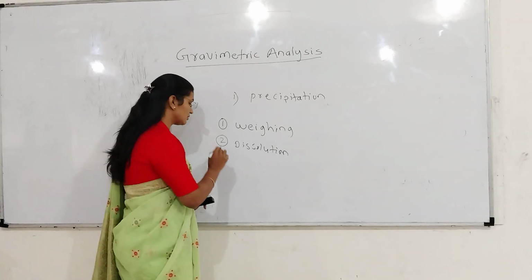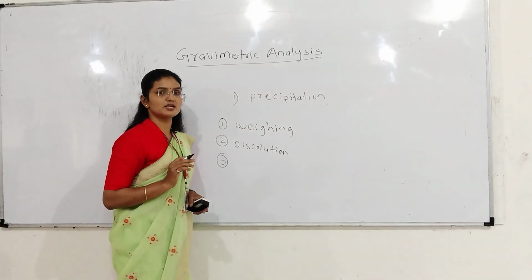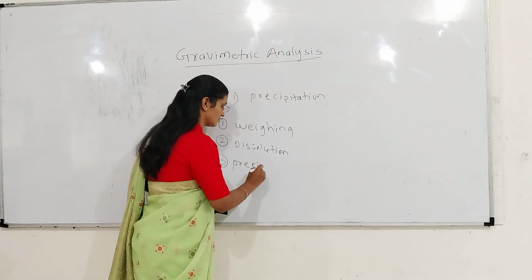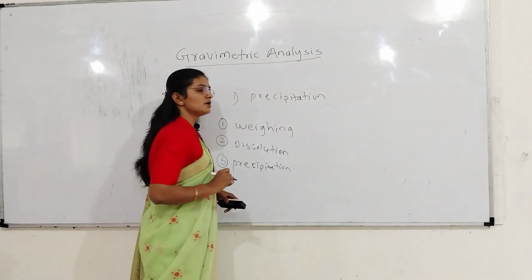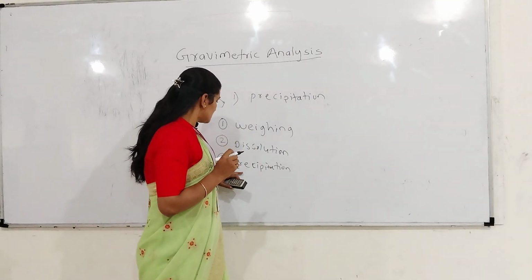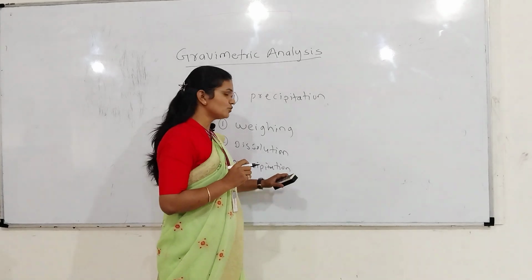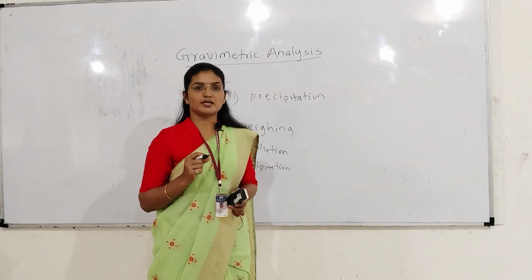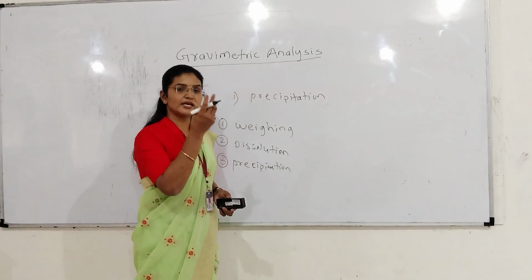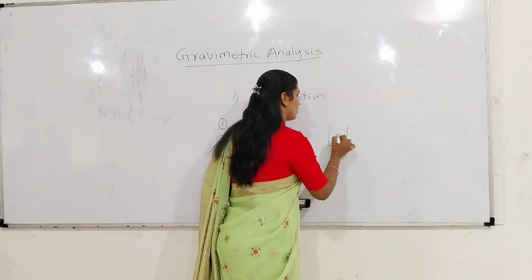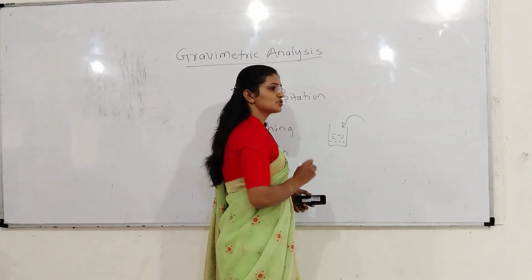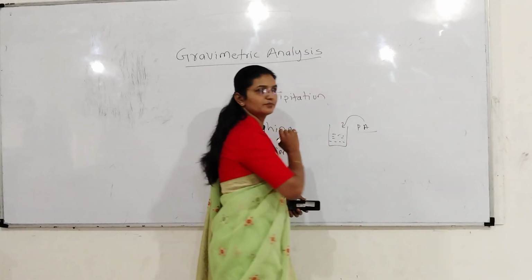Then come towards the third and most important step for the gravimetric analysis, the precipitation. Use the suitable precipitating agent. Take the dissolved solution from the second step in a beaker or suitable container and add the suitable precipitating agent.